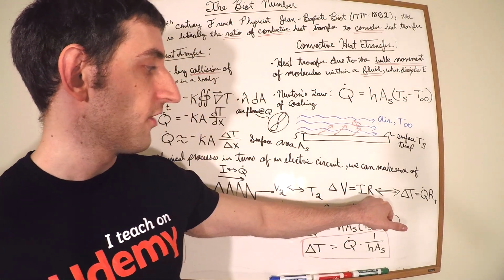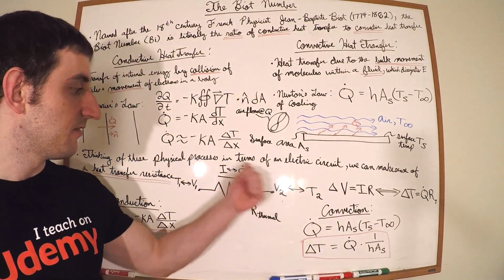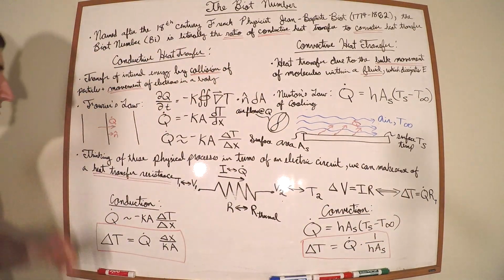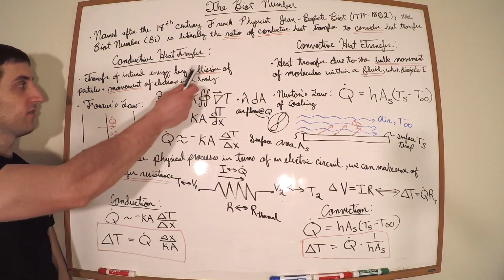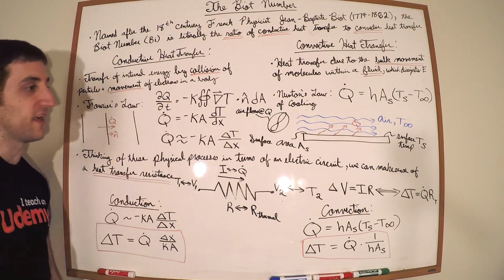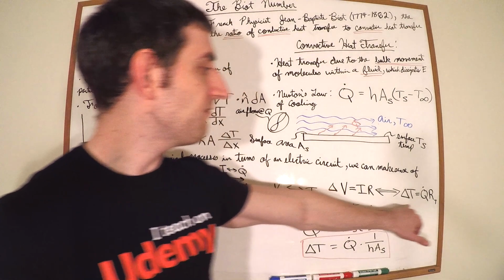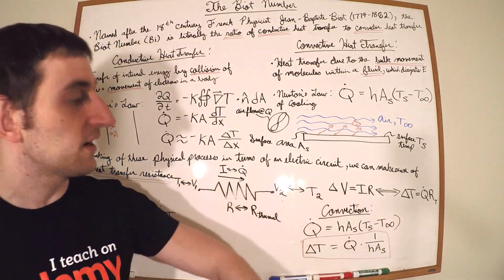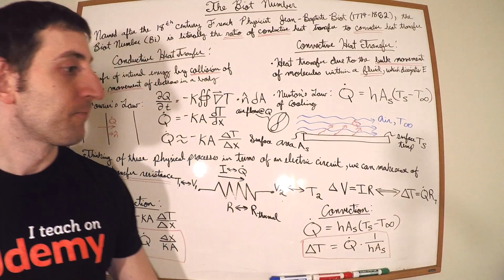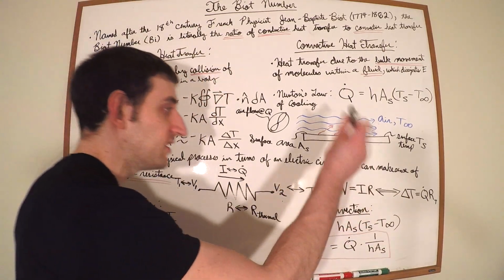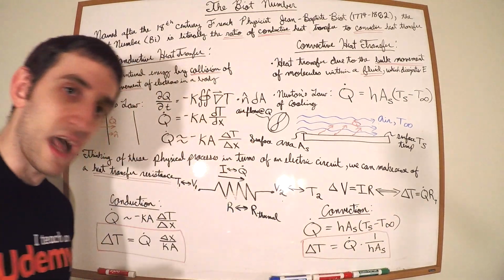So with the electric circuit, we have the resistance of this resistor. In heat transfer, we have the resistance of the material, the resistance of the different particles and the collisions, how vibrant they are, how much energy they have, okay? So we can have this sort of mathematical similarity between the electric circuit and the thermal circuit, if you will, and we can use this to determine our Q dot, okay?